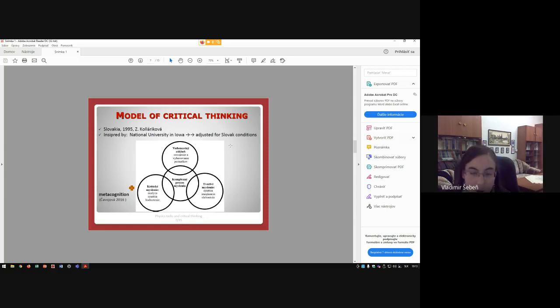This altogether creates a complex process of thinking. Some authors also add metacognition as a very important part of critical thinking. Metacognition is knowing or realizing a person's own learning, his learning styles, his learning preferences.